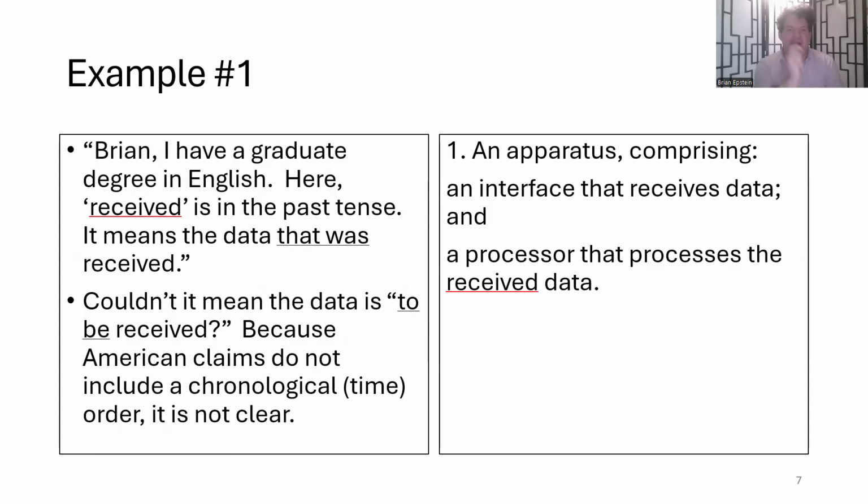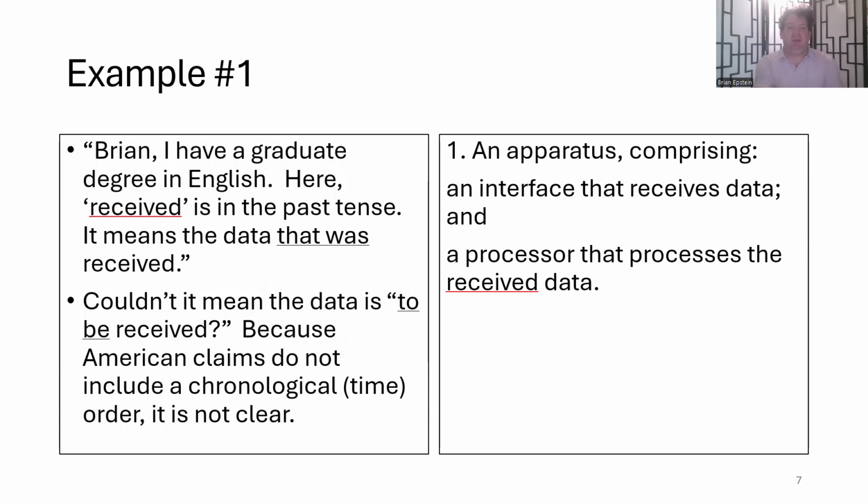It means the data that was received. And that's not necessarily true. I mean, that's certainly possible, but couldn't received mean that the data is to be received, right? The data that is eventually received.